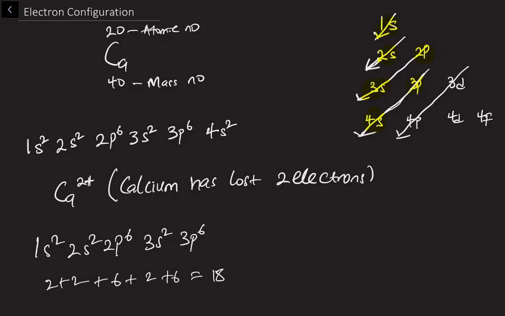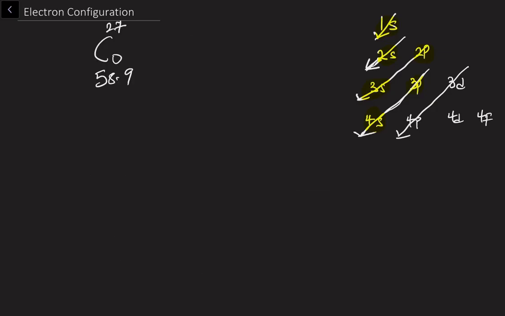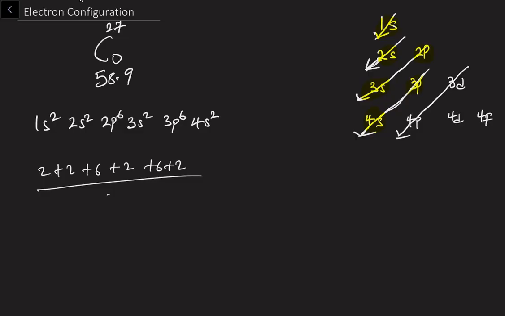Let's take another example. Let's write the electron configuration for cobalt. Cobalt has atomic number 27, so 27 electrons. So 1s2, 2s2, 2p6, 3s2, 3p6, 4s2, right? So right now 2 plus 2 plus 6 plus 2 plus 6 plus 2, we're at 20.